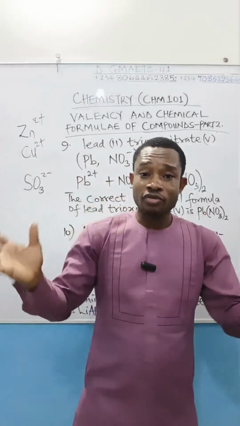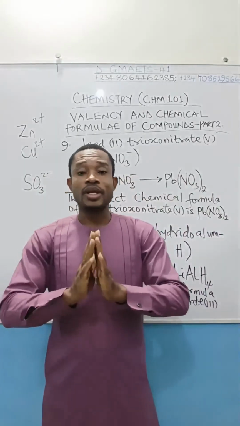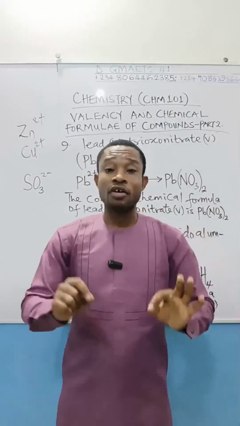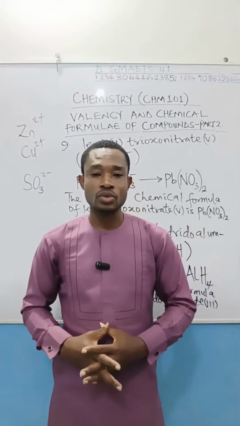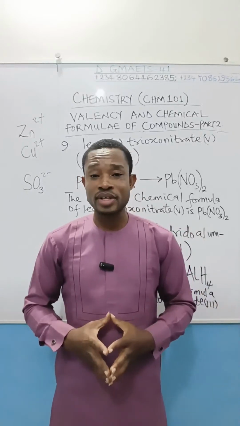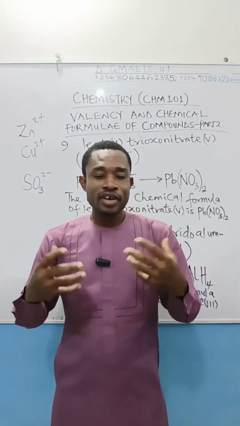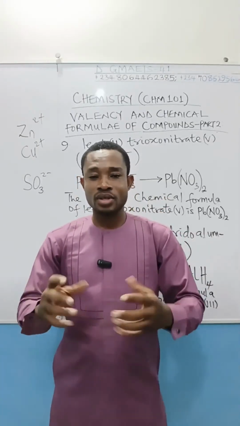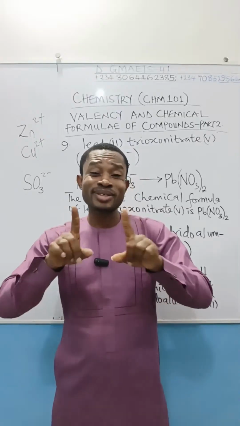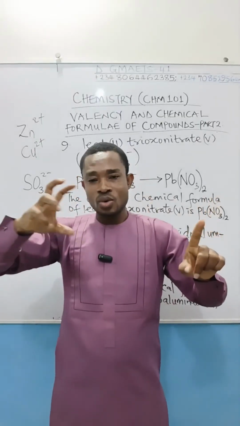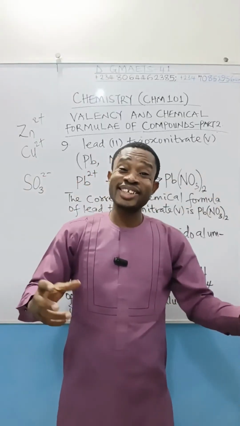In summary, what have we learned from this class today? Simply how to write the correct chemical formula of trinary compounds. And we learned that trinary compounds are compounds that contain how many elements? 3. But whenever you want to write these compounds, it's important to understand that they contain majorly 2 species. One is positive, the other is negative.